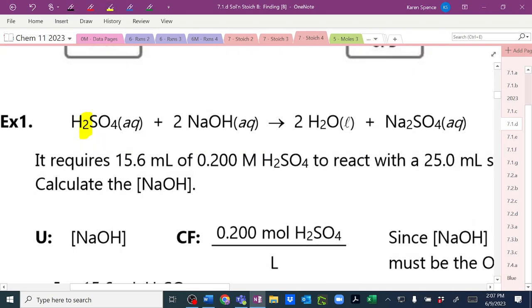In the example from yesterday, we had 2 NaOH, and here we have 2 NaOH. In our example from yesterday, we had a volume and a molarity of the acid, and here we have a volume and a molarity of the acid. If we have volume and molarity, is that substance A or is that substance B?